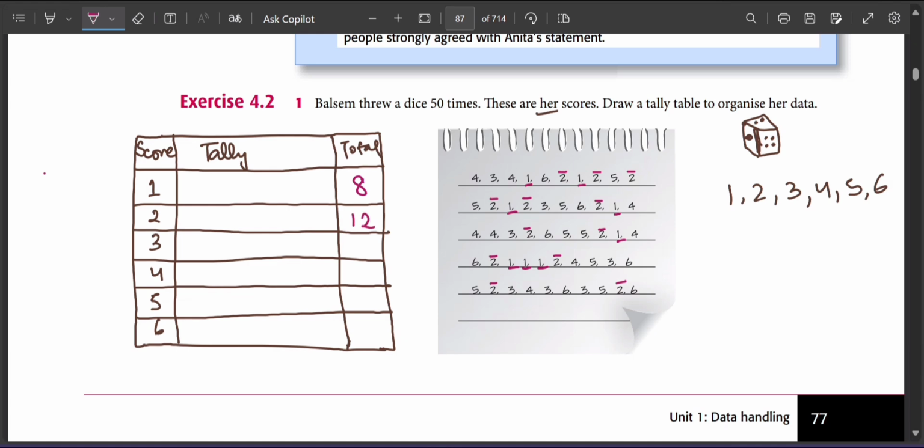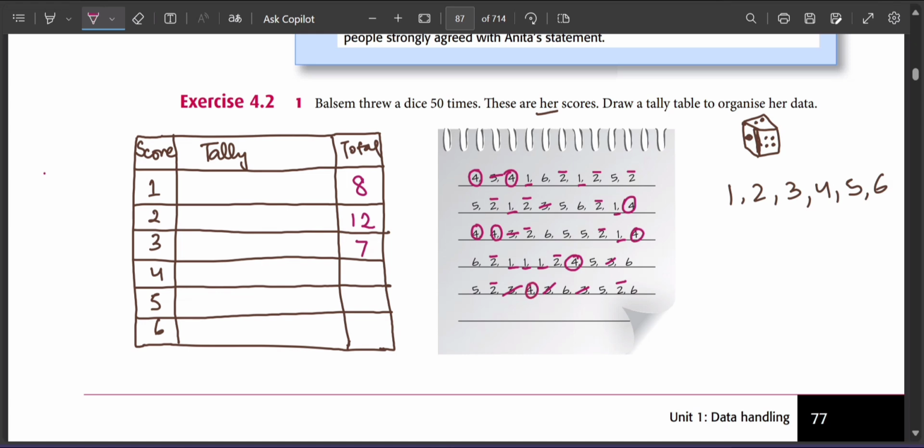Now for 3 we are going to cut them through in the middle. 3, here is 3. Okay, and then there is another 3, 2, 3 threes, 4, 5, 6, 7. We got 7 threes, and about 4 we are going to circle them. 1, 2, 3, 4, 5, 6, 7 and 8.